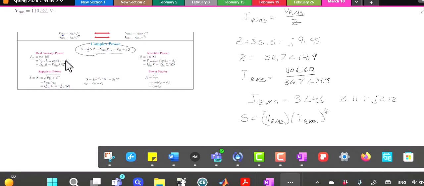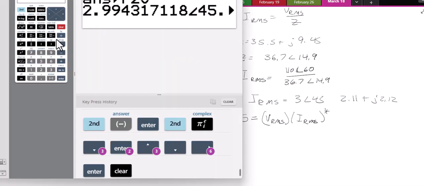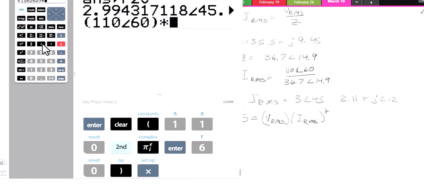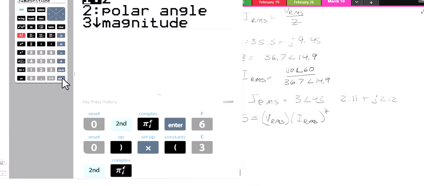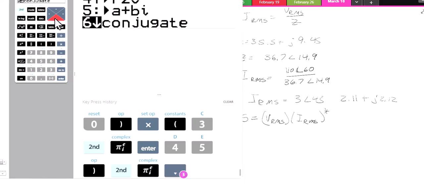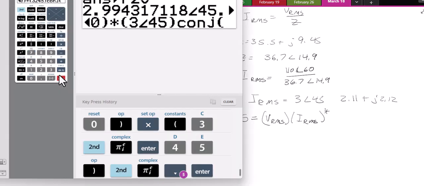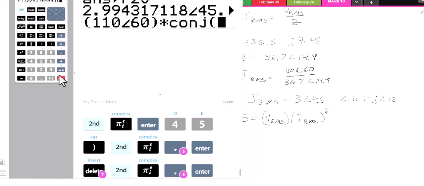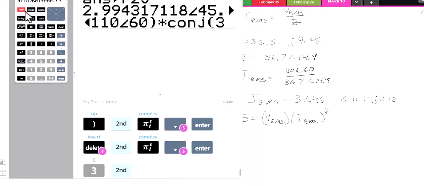And I want to take V RMS, which was 110 angle 60, times I RMS conjugate, three angle 45.